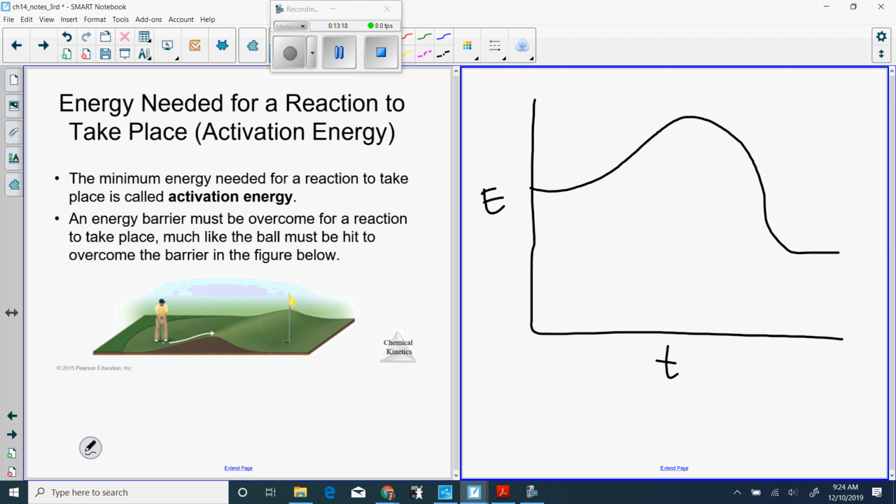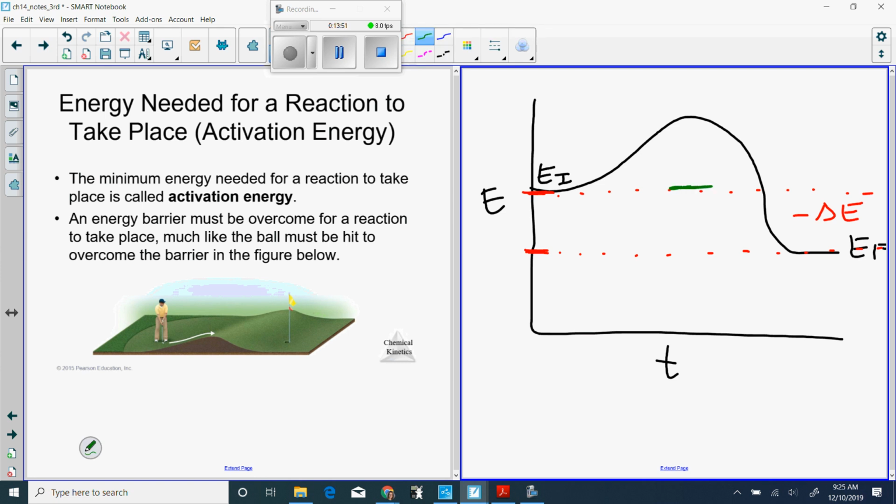An exothermic graph means my final energy is less than my initial energy, because some energy was lost from the system to the surroundings. So this is my initial, this is my final. This is going to be a negative delta E, we call that exothermic or exergonic, leaves the system to the surroundings. Something new, we have a hump in it.